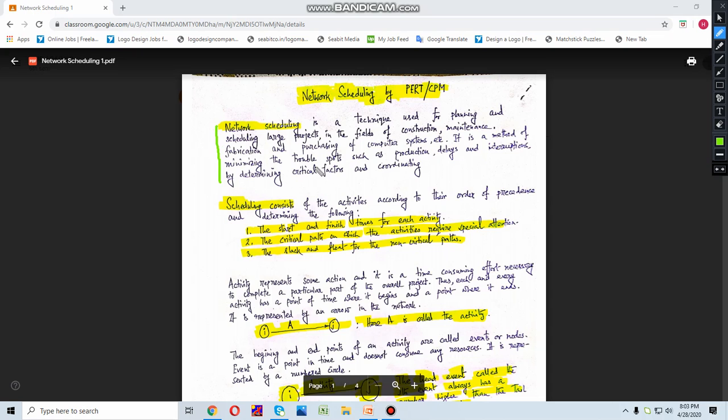Network scheduling is a technique used for planning and scheduling large projects in the fields of construction, maintenance, fabrication, and purchasing of computer systems, etc. It is a method of minimizing trouble spots such as production delays and interruptions by determining critical factors and coordinating.